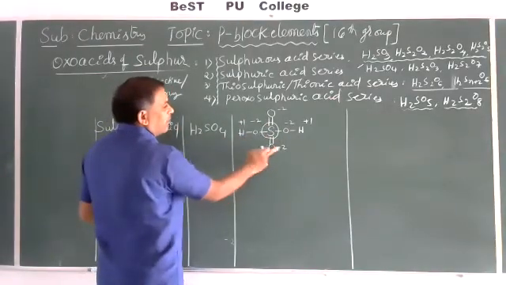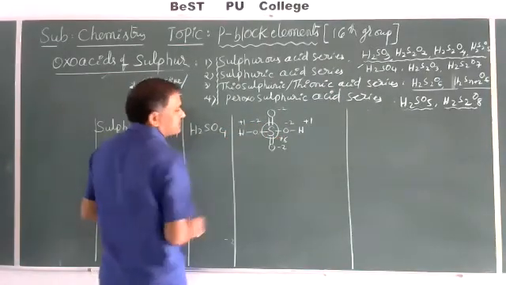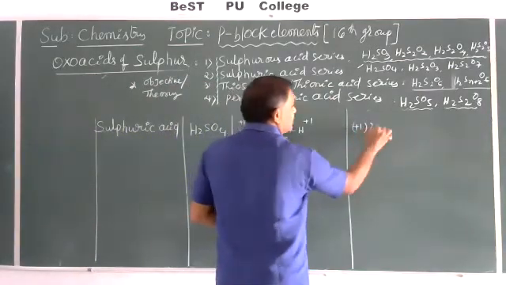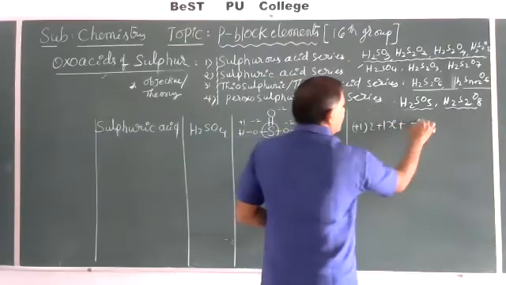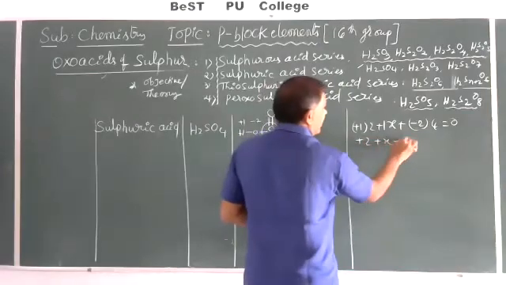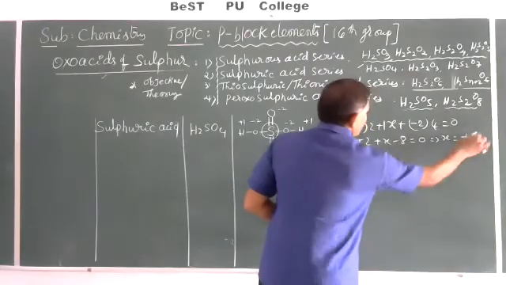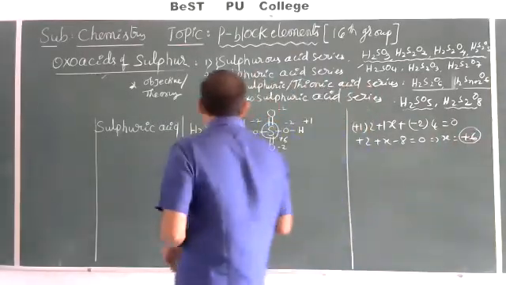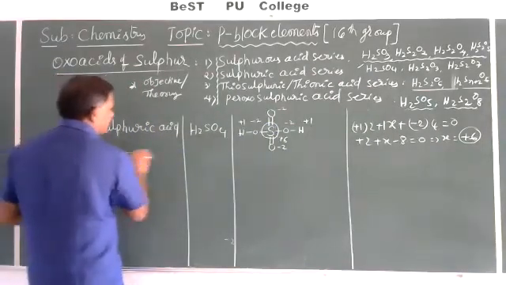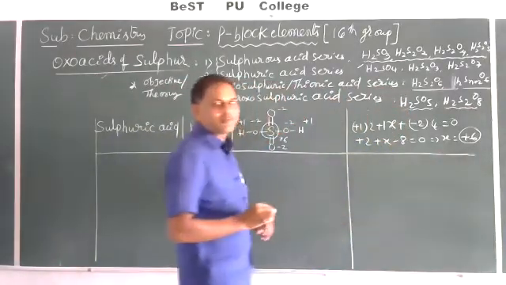We can calculate: +1 into 2 plus x plus -2 into 4 equals 0, so +2 plus x minus 8 equals 0, that is x equals +6 oxidation state. So this is the highest oxidation state oxoacid of sulfur, that is sulfuric acid. The structure and oxidation states table is clear.